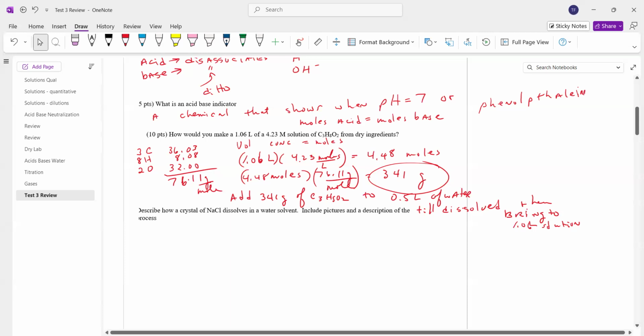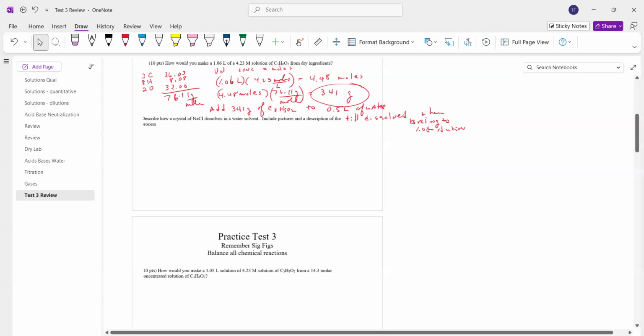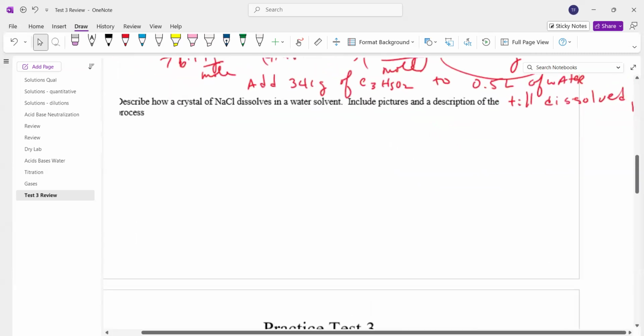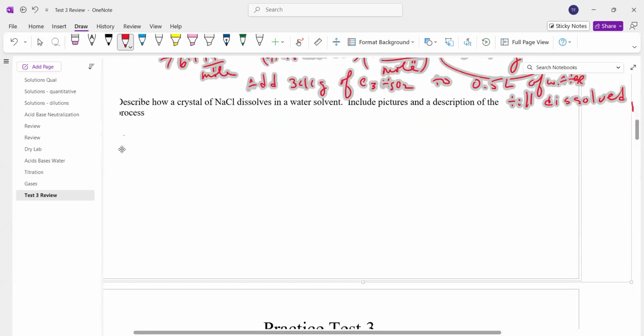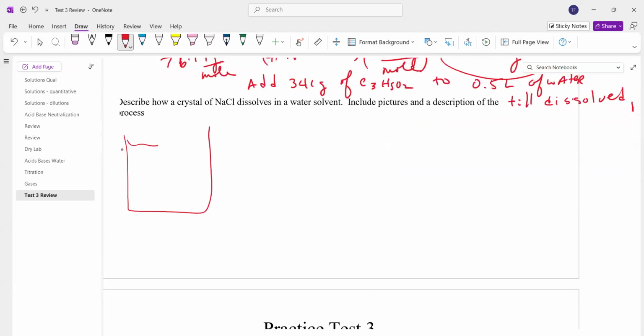Describe how a crystal of sodium chloride dissolves in water. Include pictures and a description of the process. Now remember this one? So that's the crystal of sodium chloride.